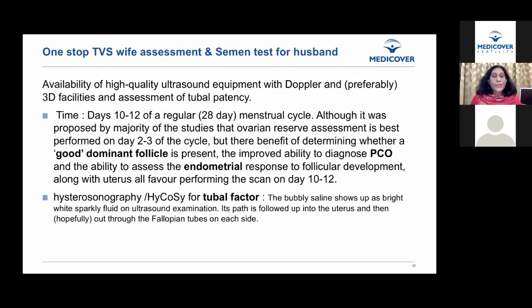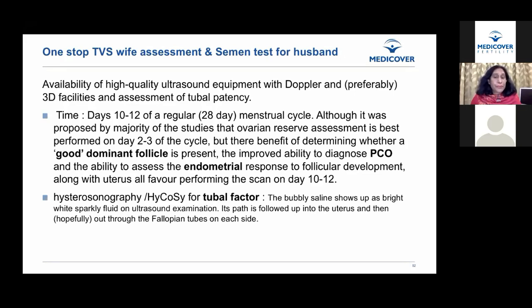And also the endometrium, not only the uterus, but the endometrium has also developed as it should be in the periovulatory phase. So we can measure the size, we can check whether it's a triple line or not.